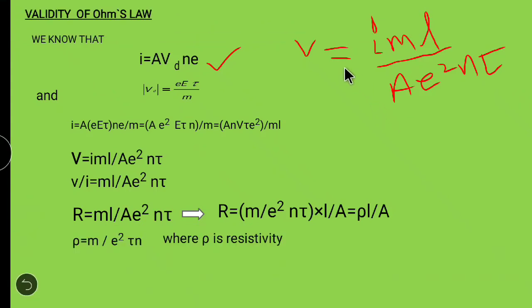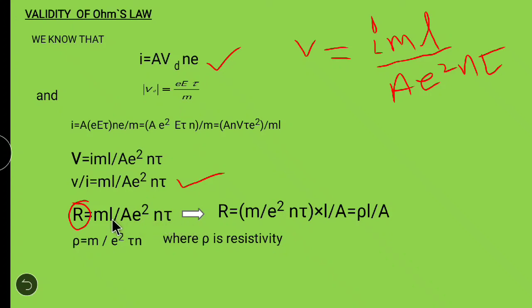Students, we know that V upon I, we will send I into the denominator. So what we will get, V upon I is equal to m L upon A e square n tau. This thing we will get. So V upon I is known to us, that is R, is equal to m L upon A e square n tau.